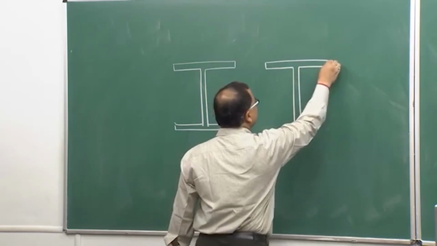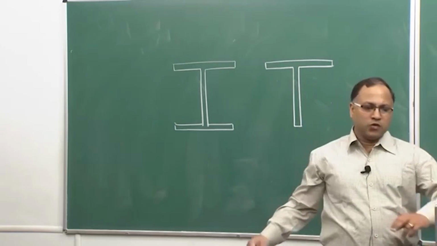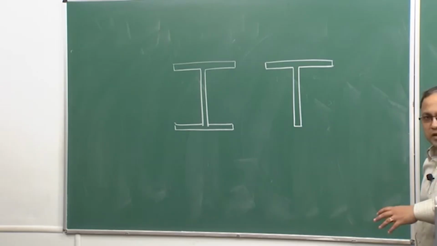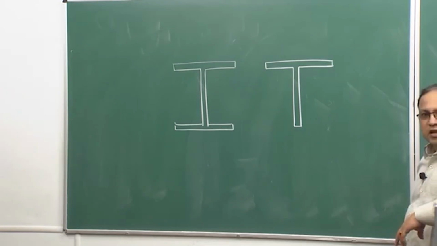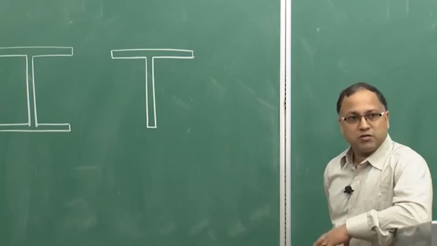You might have seen this kind of beam pretty commonly in steel structure design. If you try to analyze these beams and find the shear stress distribution, how will it look, what will be the variation, and what kind of shear stress will be predominant in this type of section?